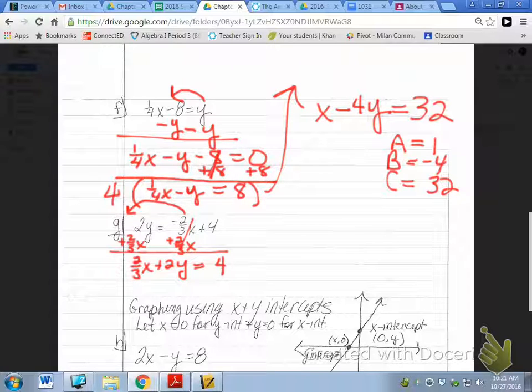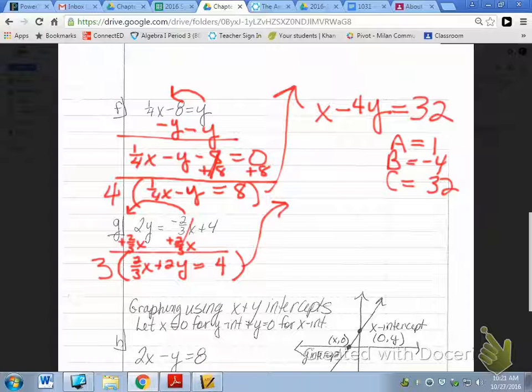Good. X term first, y term second, equals constant. We're in the right order. Is my A positive? Yes. Are they all integers? No. Multiply by the least common denominator, so 3.